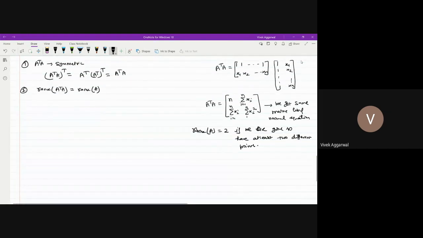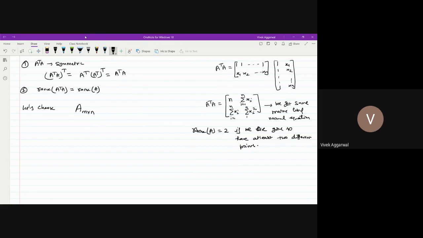Now, let's prove this also, the rank of the matrix. For this one, I just take a general matrix. Okay. So let us choose a matrix A which is of order m cross n.